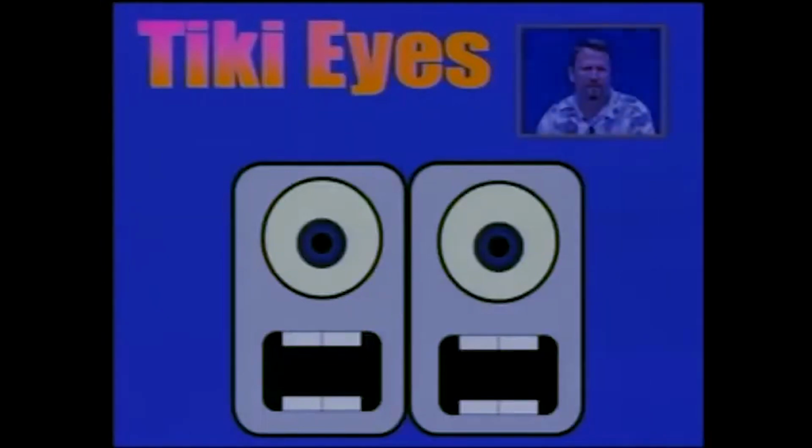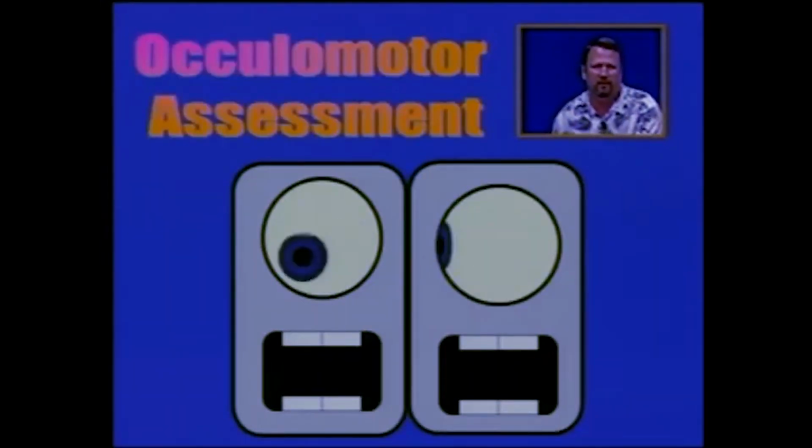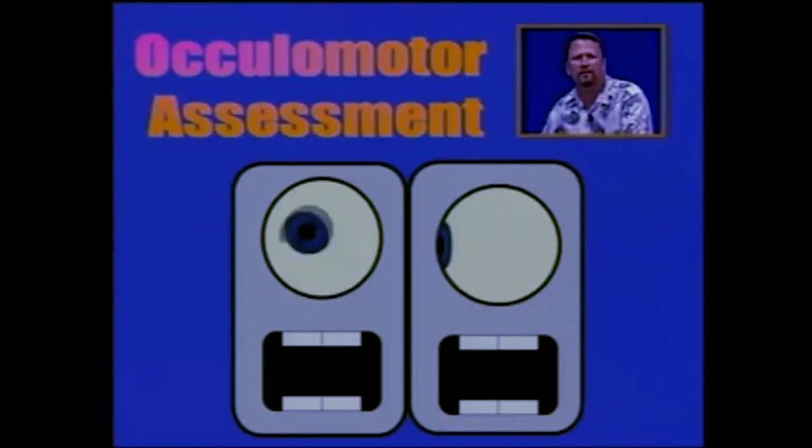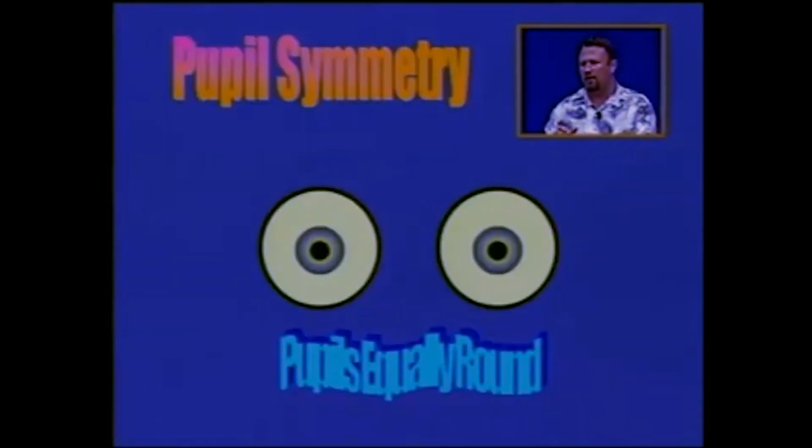So this is the old Tiki Eyes. It's also called the oculomotor assessment. So when you're assessing someone's eyes, first thing I look for is pupil symmetry. And here our pupils are equally round.